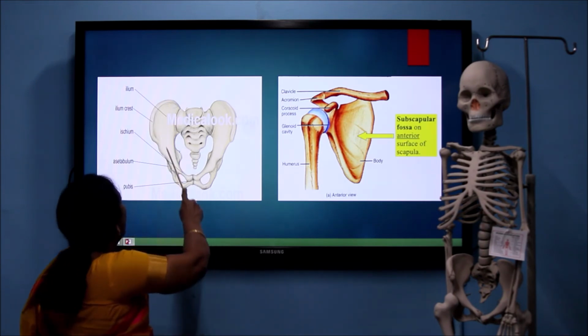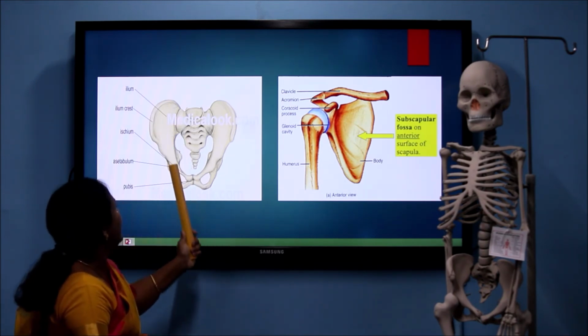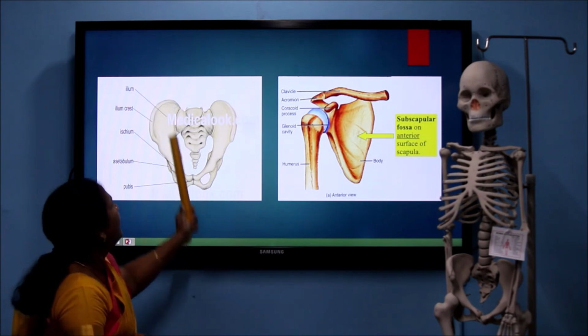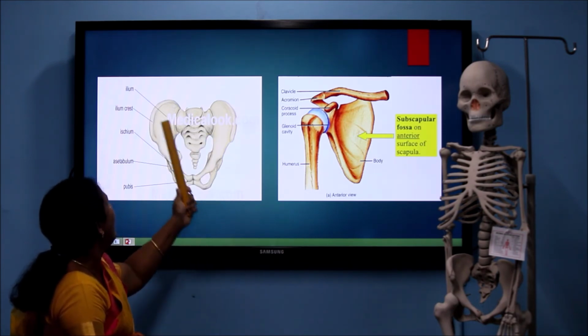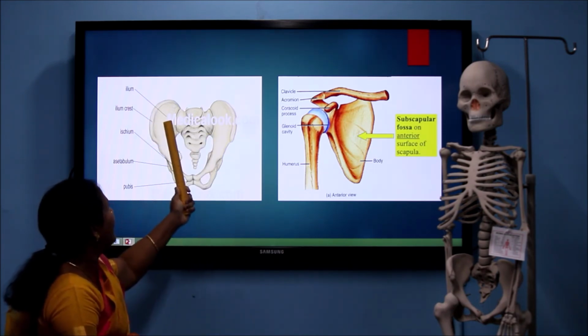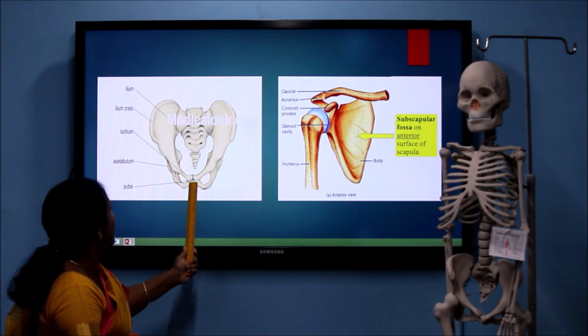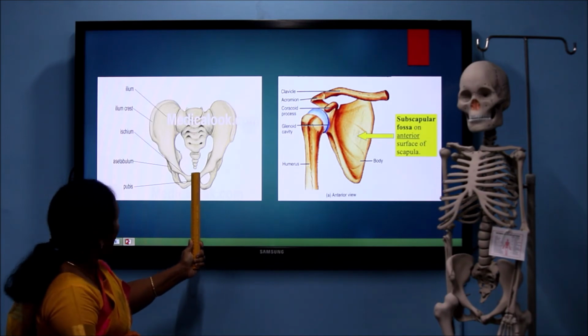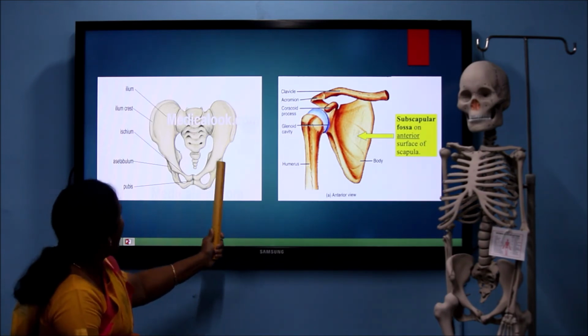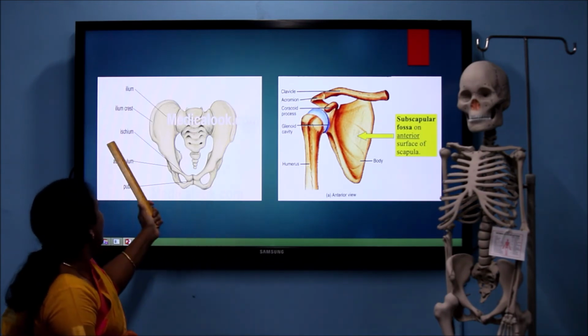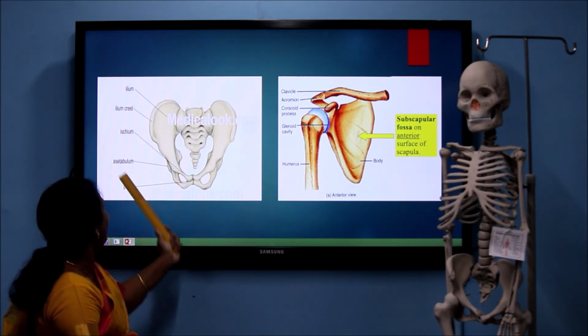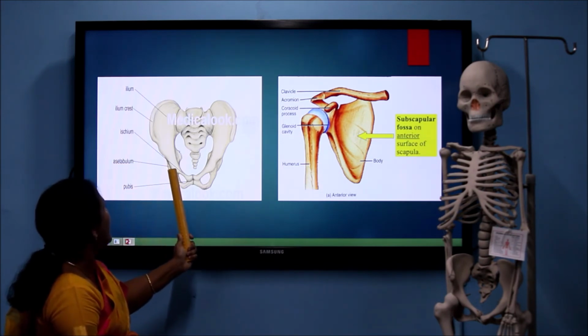The parts of the pelvic girdle are the flattened ilium at the upper portion, and here the pubis, which is attached to the other girdle. In between the ilium and the pubis there is the ischium.